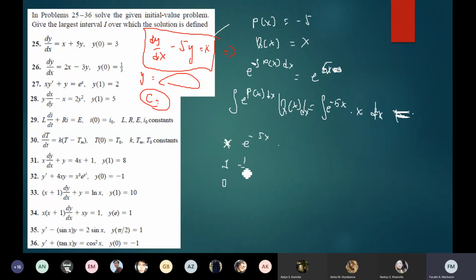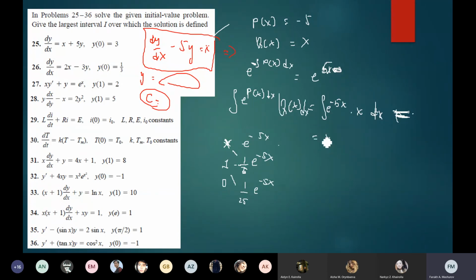The integral of this one is equal to minus 1 over 5 e to the power minus 5x, and again, if I integrate this one, I have 1 over 25 e to the power minus 5x. So I need to multiply this one with plus sign, this one is minus sign, so the integral of this function is equal to this one.